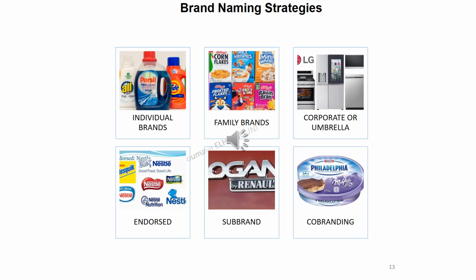For example, Procter & Gamble does this with Tide, Gillette, Pampers, Head & Shoulders. All those examples show that each product has its own brand. And there's an advantage here because each brand stands on its own and isn't affected by the reputation of other products in the portfolio of the company, in this case Procter & Gamble.